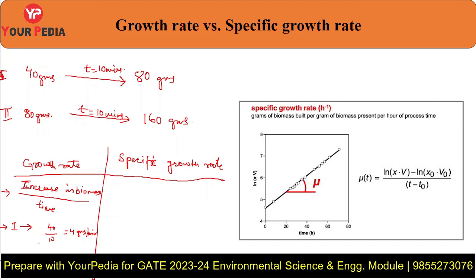So there are two different growth rates for the same type of microbes, given that the initial conditions are different. Okay, the growth rate depends upon the initial amount of biomass that is fed to the bioreactor. Now let's see what specific growth rate gives us. Specific growth rate is nothing but growth rate per unit initial biomass.